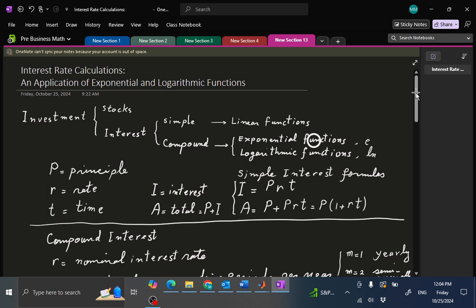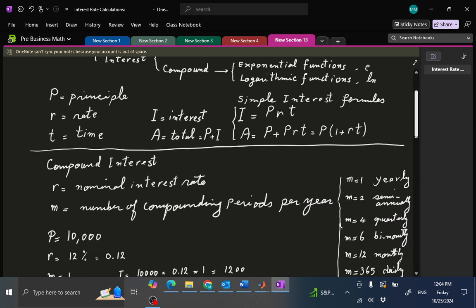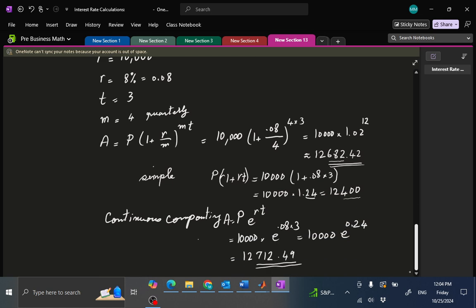We showed that exponential functions come in, and the number e also comes in for the case of continuous compounding. Well, where does logarithm come in? Sometimes in your calculation you try to calculate items that are in the exponent.